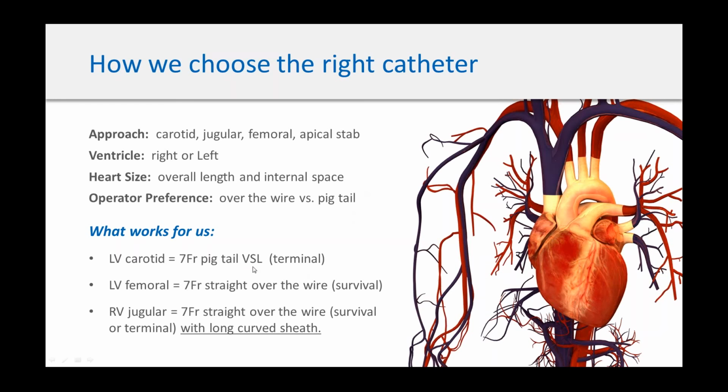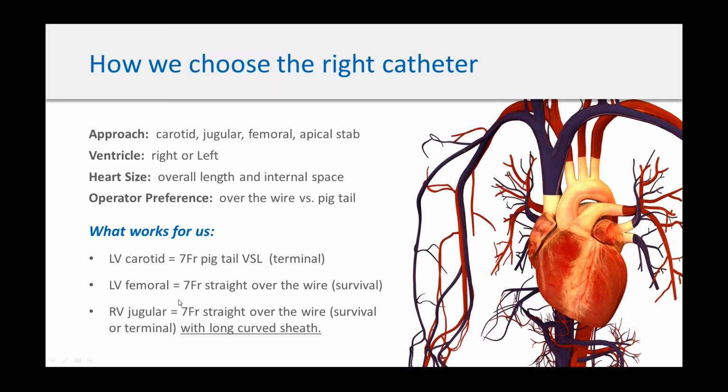For us, when we're doing terminal experiments, then in the left ventricle, we normally go in the carotid because it's easier and faster, and then we'll use a 7 French pigtail that will negotiate the valve quite easily. We can get it in there quickly, and we get the best data from that.